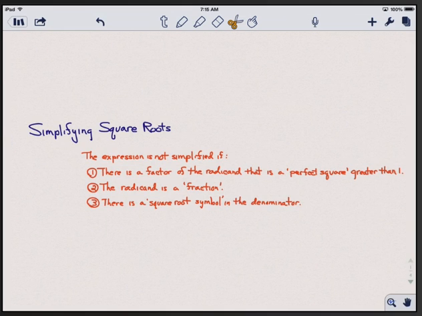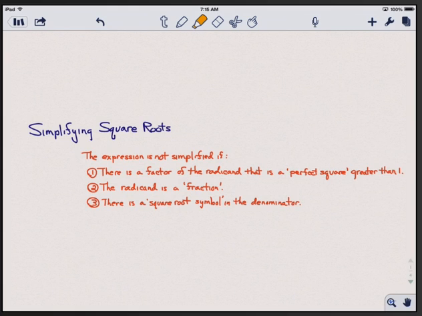First of all, you need to know that the expression is not in simplified form if any of the following are the case. There is a factor of the radicand that is a perfect square greater than 1, and I'll explain all of this afterwards. If the radicand is a fraction, then the expression is not simplified.